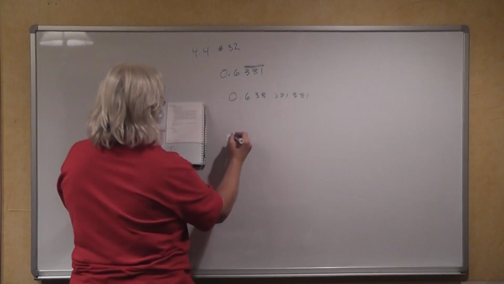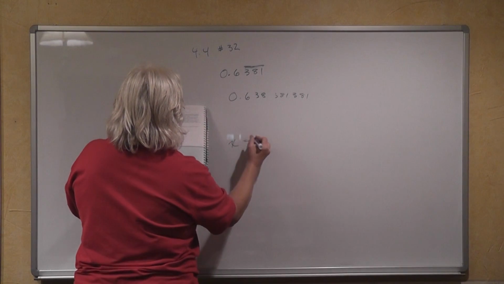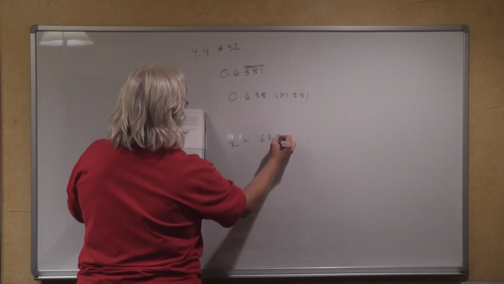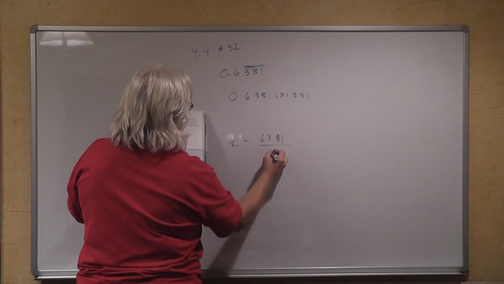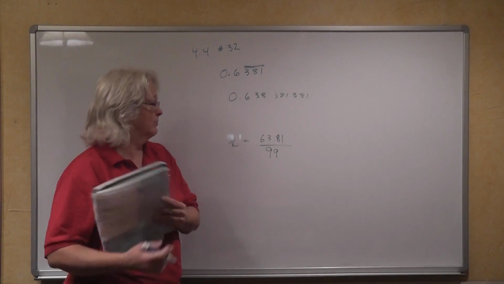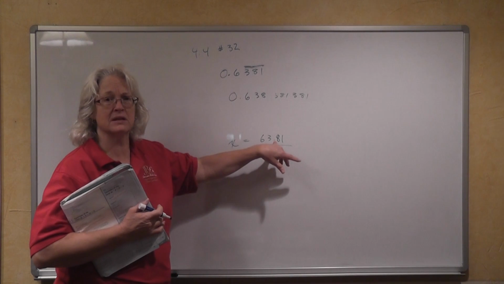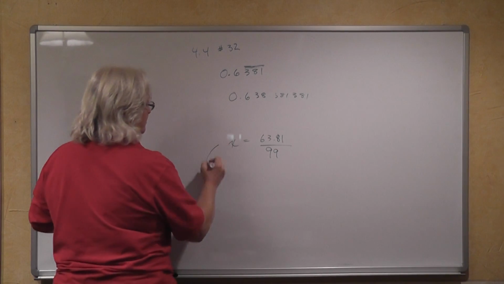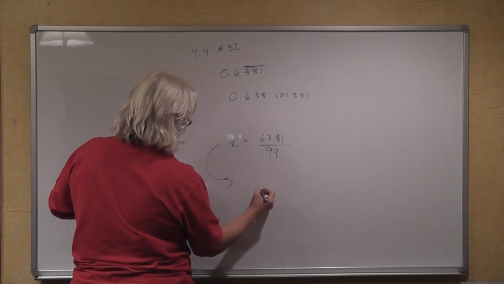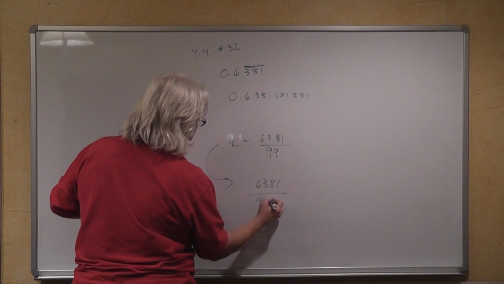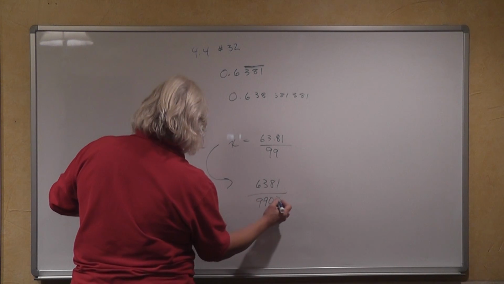I will take this to this step right here. It says x is equal to 63.81 over 99. That's just dumb. And you're going to get to this point and say, it doesn't make any sense. And then how in the world did they go from here to 6381 over 9900?